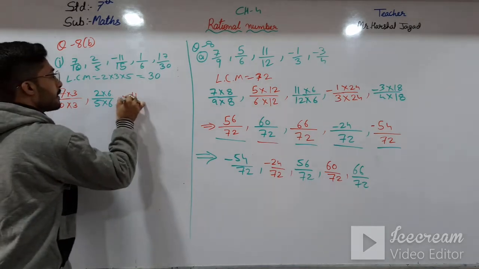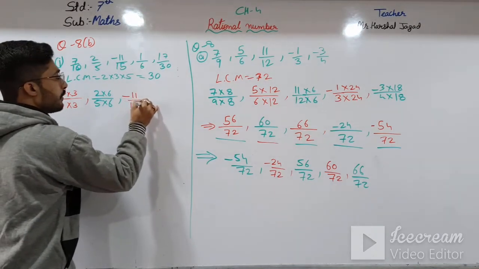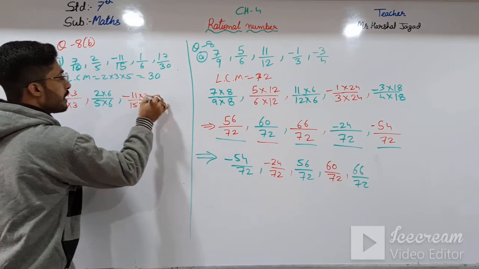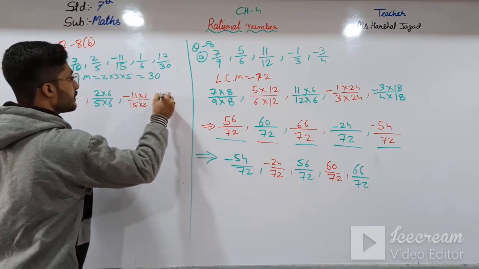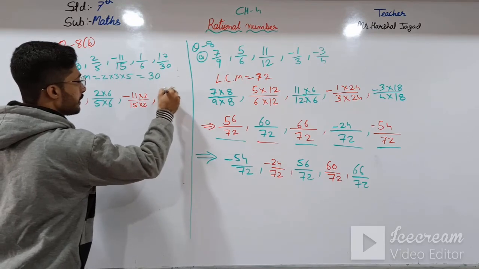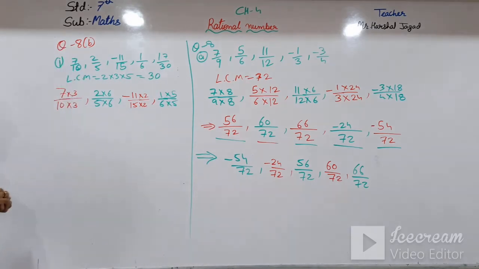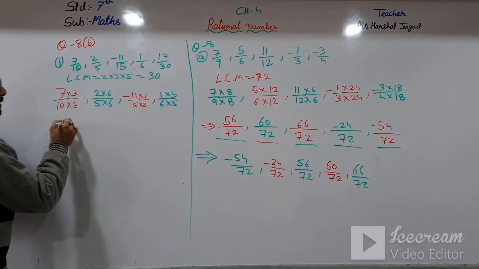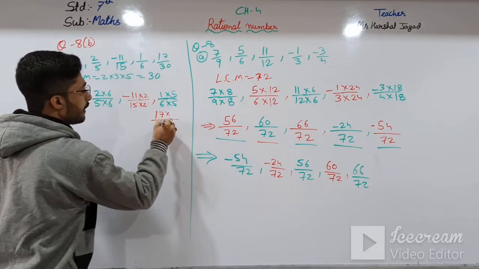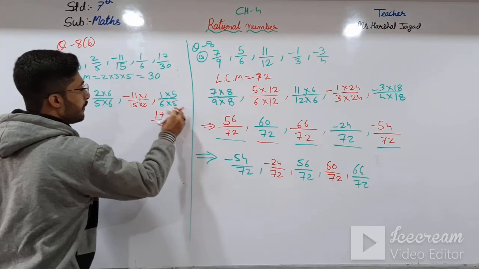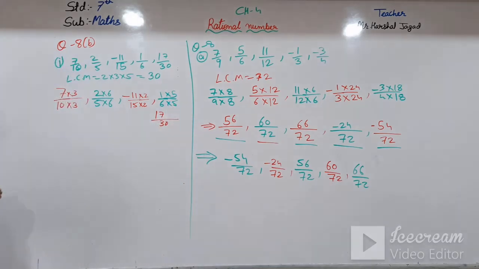Here it is minus 11 by 15, so 15 2s are 30 and 11 2s are 22. Another one is minus 1 by 6. 6 5s are 30, here also. Now the last one, 17 by 30, is as it is, because the denominator is 30 only.